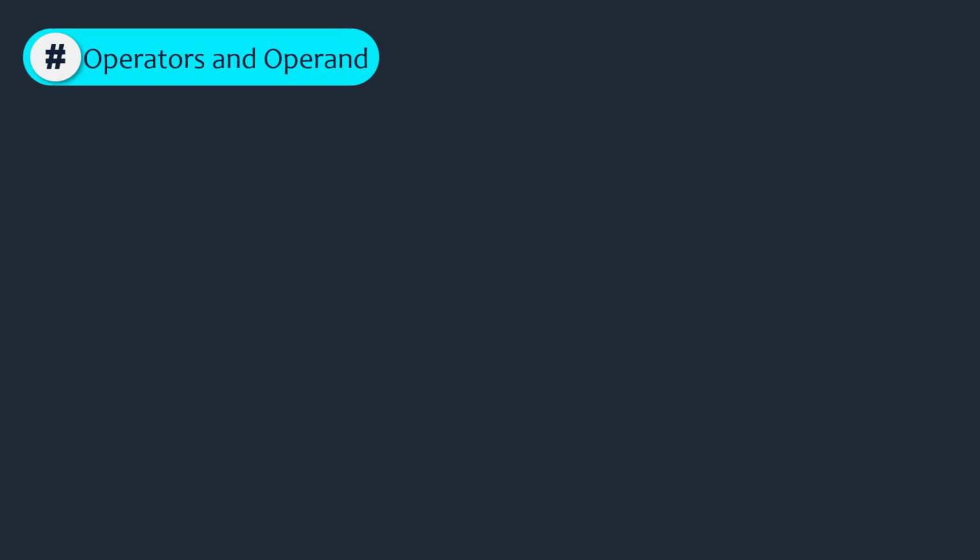Before that, I would like to give you a little idea about what exactly operators and operands are. Operands are just the variables in Python which help operators perform their function. Let's take an example of a plus b. This is called an expression in Python.